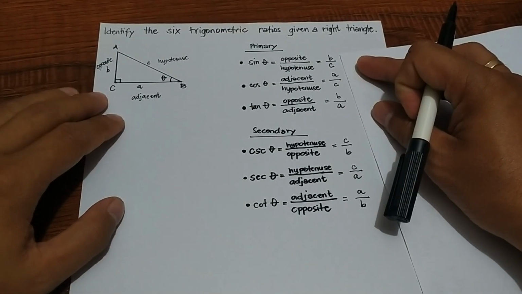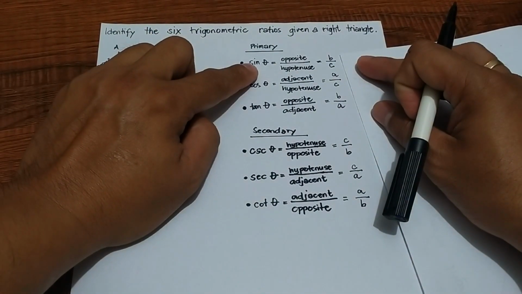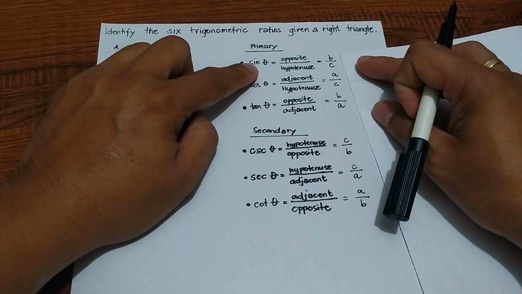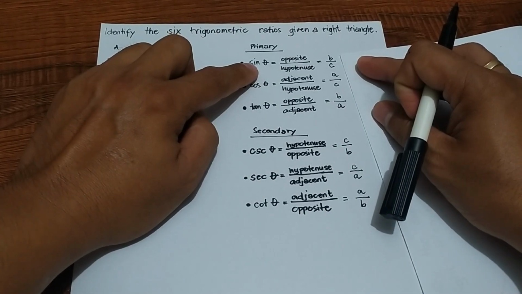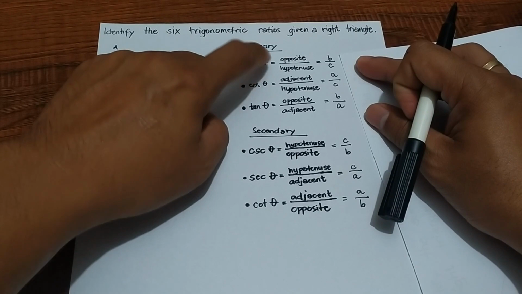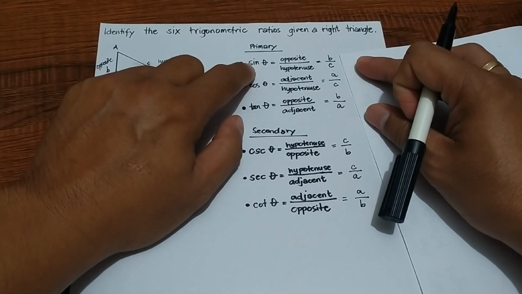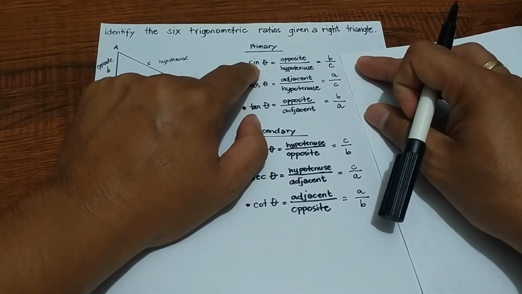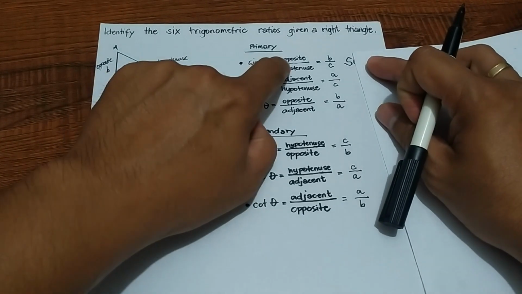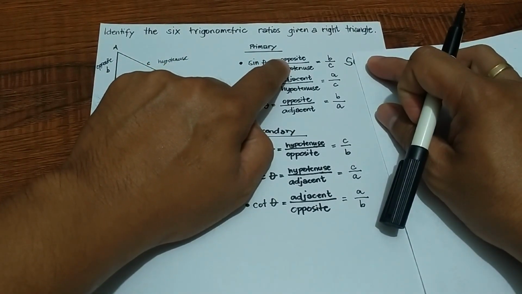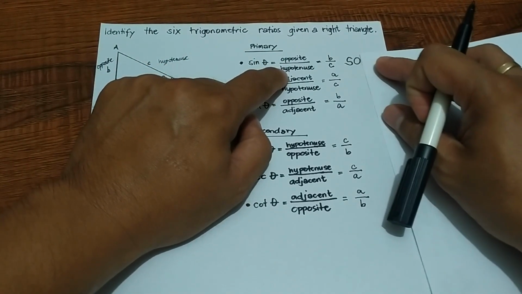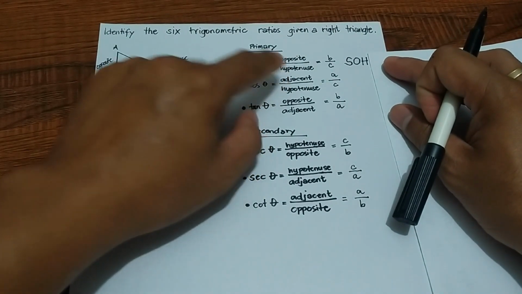For us to remember properly the equation, let us have a pattern out from these primary trigonometric ratios. We have sine, opposite over hypotenuse. So you would have there the first letter S, and equals O, which is opposite over hypotenuse. So that is SOH.